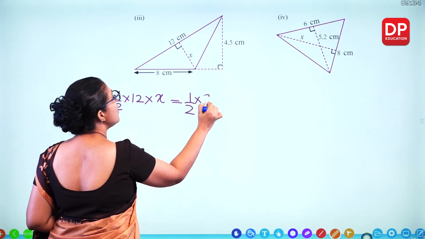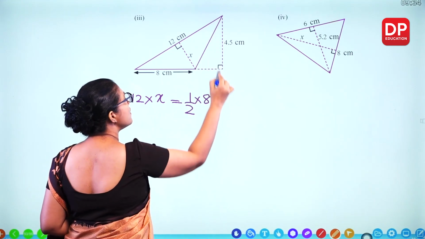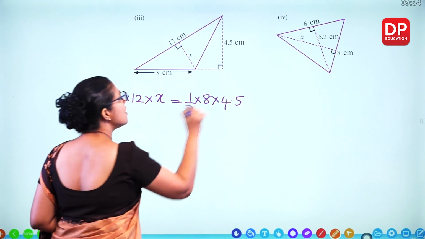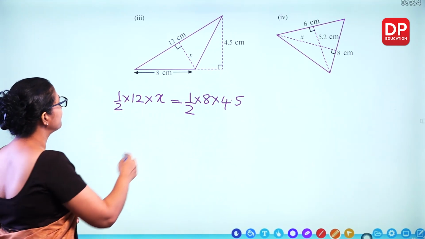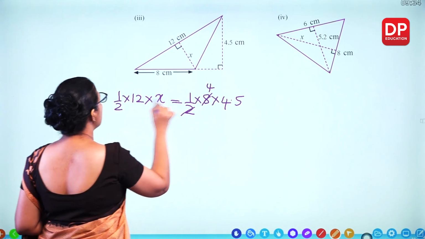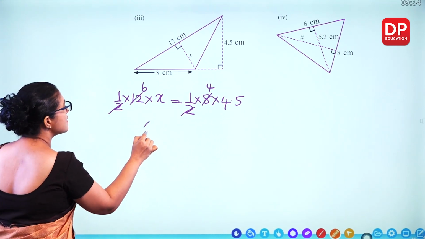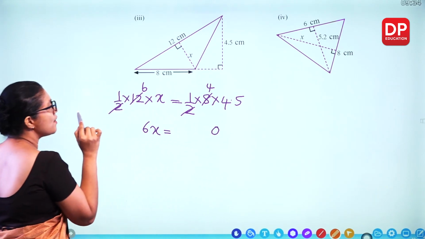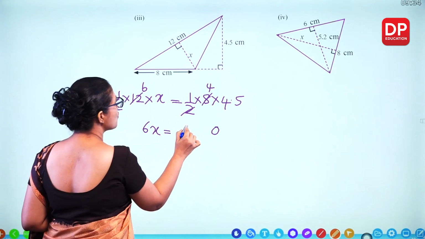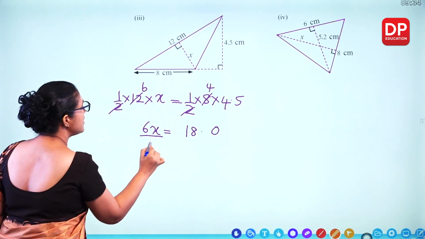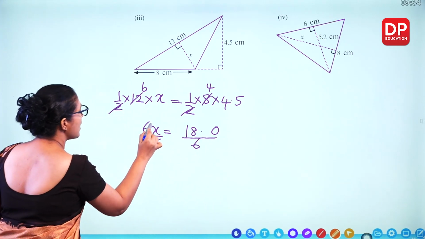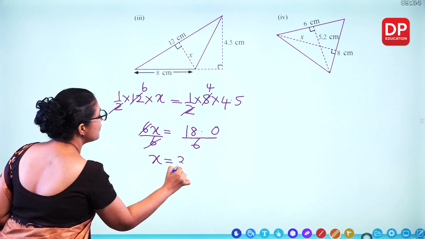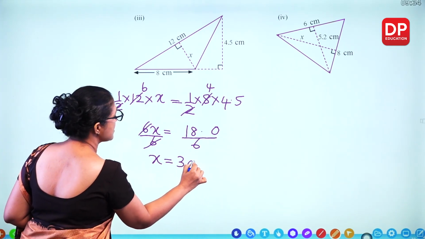Half into 8 into, then the perpendicular height becomes 4.5. 2 times 4 here, 2 times 6. 6x equals 4 times 5, 20, and 4 times 4, 16, plus 2, 18. Divide this by 6, you get x equals 3 centimeters.